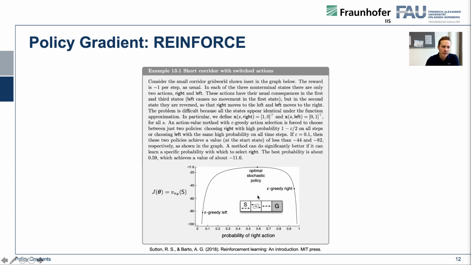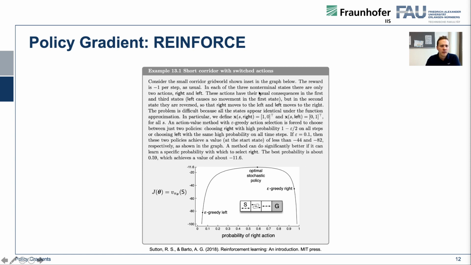It says whatever action you want to take in this cell, I will reverse this action. That means you need something like a stochastic policy to actually solve it after all. Some other background information on this environment: as usual, you get a -1 reward per step, which means that you want to solve the grid world as fast as possible.